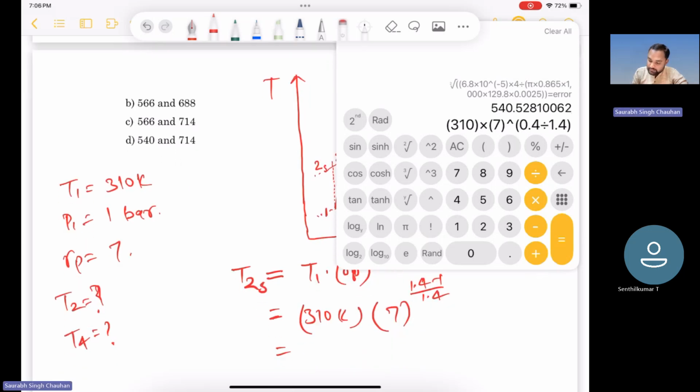So it comes out to be 540.5 Kelvin. So this is in the ideal case.